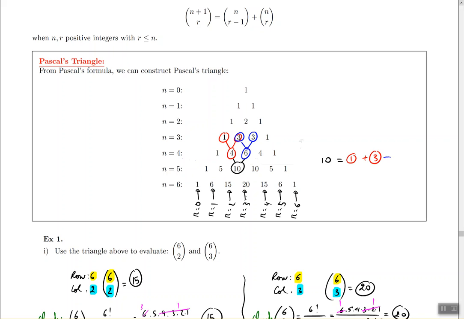But then again, I have to add the other 3, or the same 3 rather, plus the second 3. So the 3 right here got added twice, once in red and once in blue, to get the 10. Another way of saying that is to add the 1 together with 2 of the 3's plus the 3 at the end, okay?